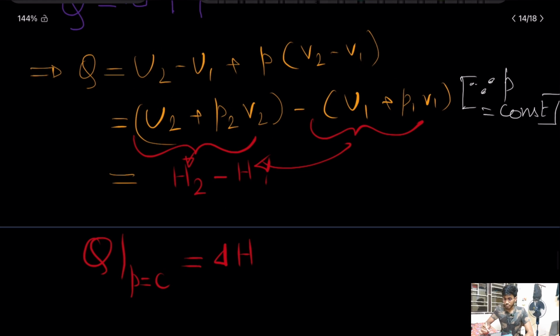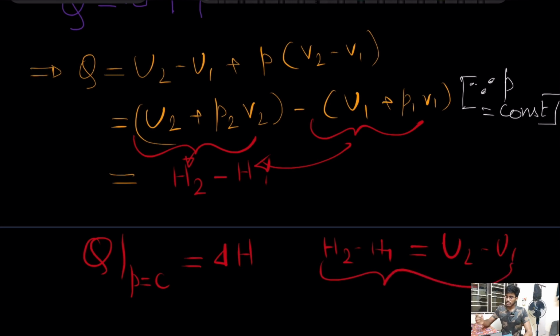Now you see that if my material is incompressible, then my change in volume is 0. So writing H2 minus H1 is as good as writing U2 minus U1, right? These are the same. And why are these the same?